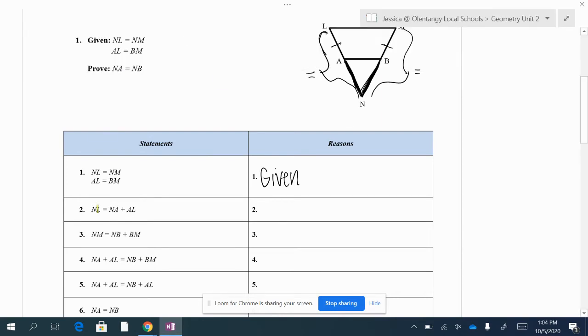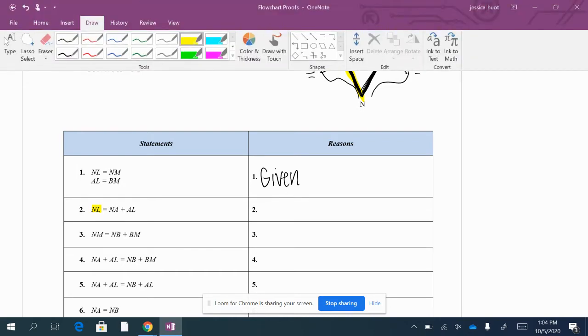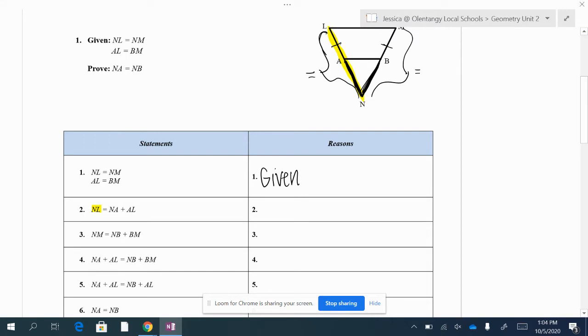Okay, so if you look here, NL is this whole entire segment, and we are saying that is equal to NA plus AL. Okay, well, that is going to be the segment addition postulate. We're saying that one small segment plus the next small segment is going to equal the whole thing. So that is the segment addition postulate.